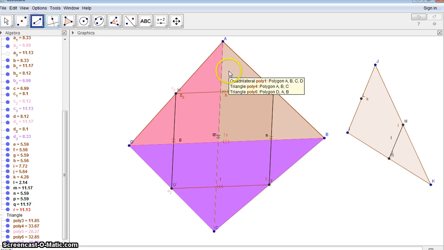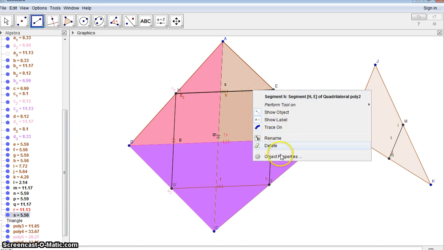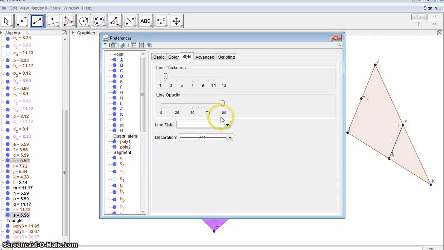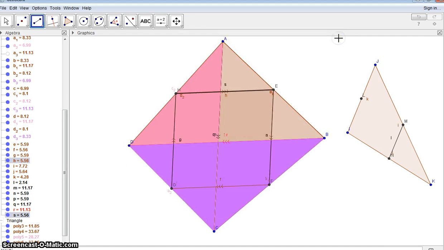Interesting. Let's try this. If I draw a segment on top of EH, it's called S, and I've chosen the segment from right to left because I want to see if my arrows will point to the left. No, they still point to the right. So I haven't quite figured that out.